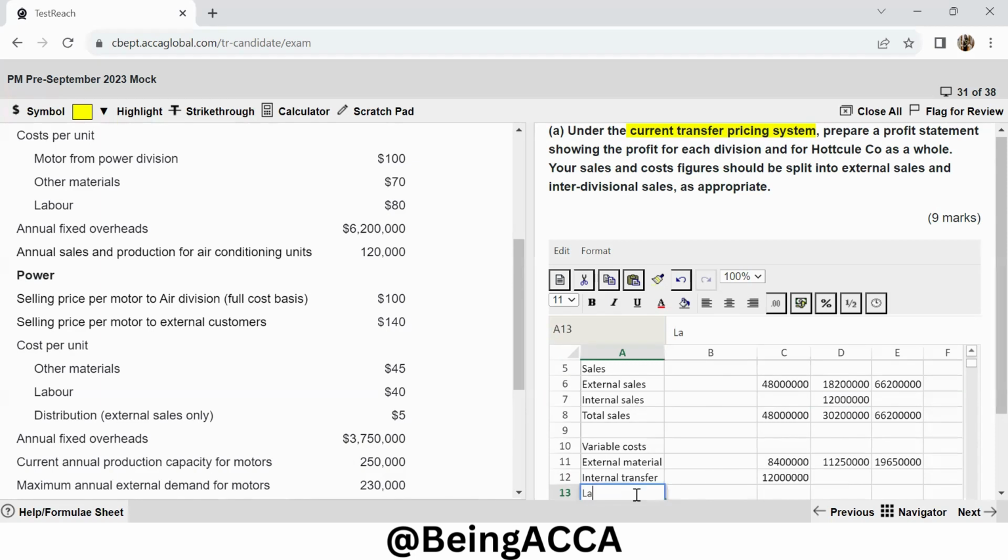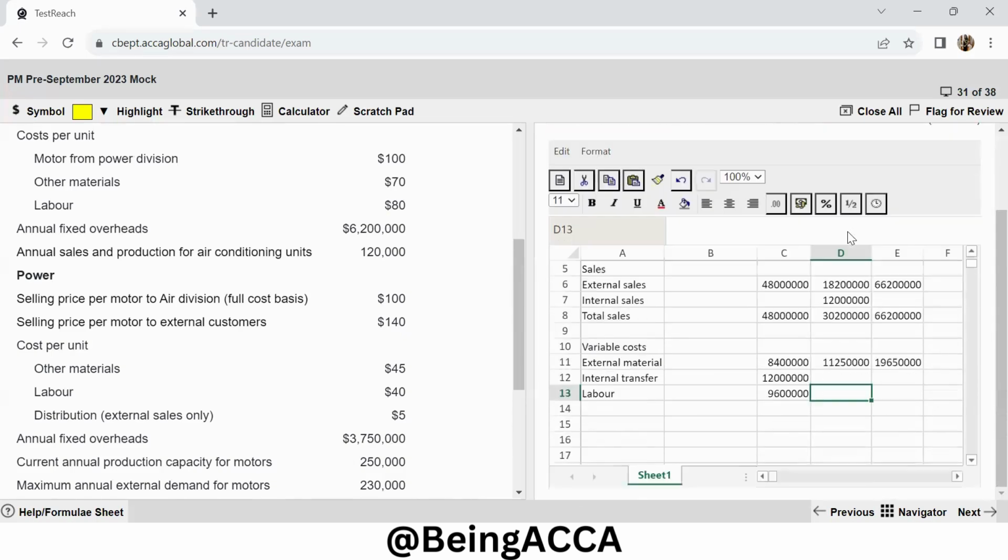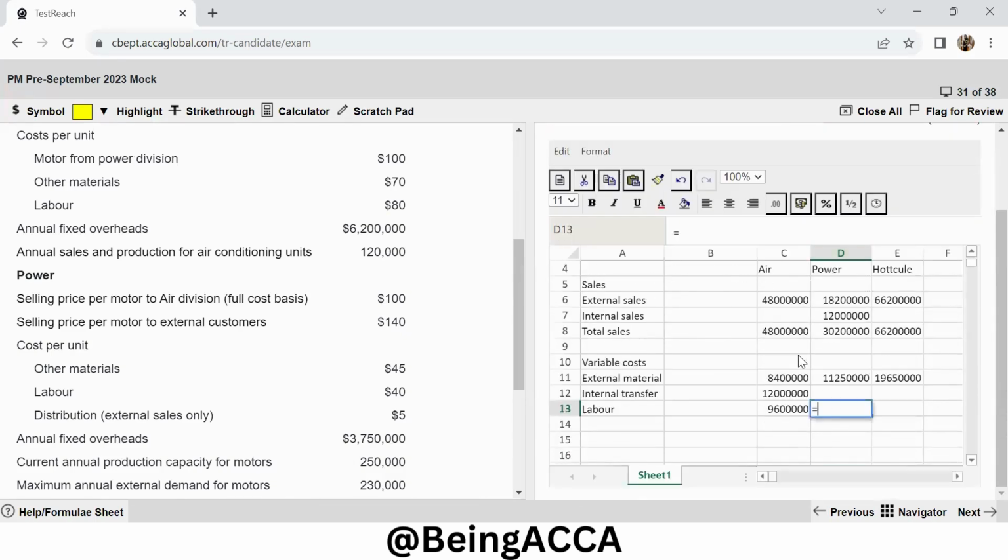Now let's talk about labor. With regards to labor, first of all, we have 120,000 units for this department and $80 of labor per unit. So 80 multiplied by 120,000. Then for the power department, this is going to be 250,000 units is the total that they are producing. 250,000, right?